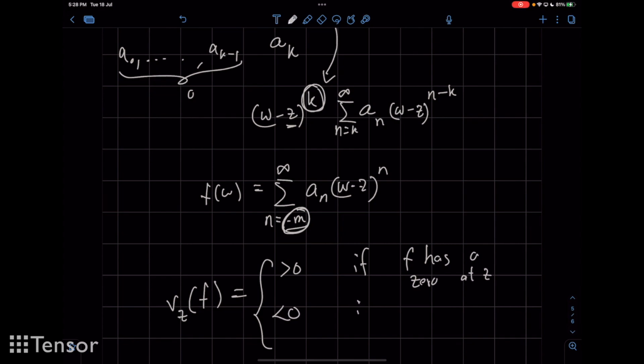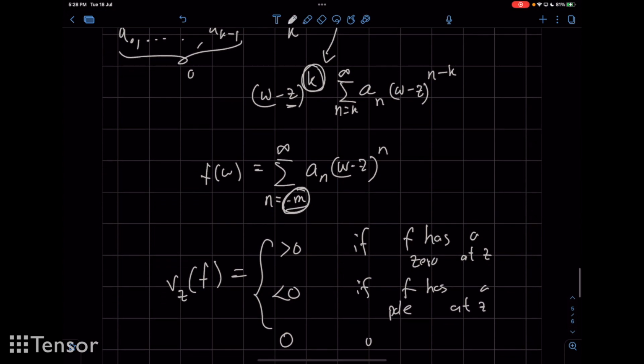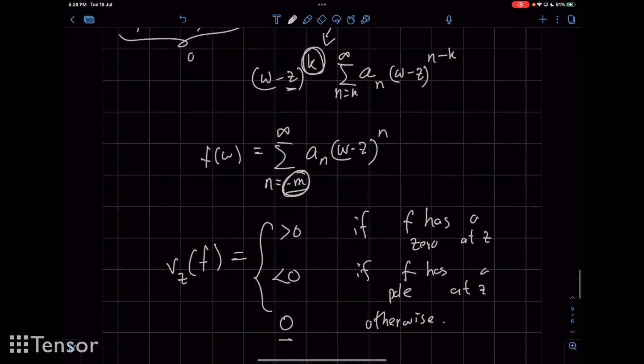It's negative if f has a pole at z, and it's 0 otherwise. So if z is neither a zero nor a pole, then this is just 0. It's positive if f has a zero, and then it denotes the order of the zero. It's negative if f has a pole.